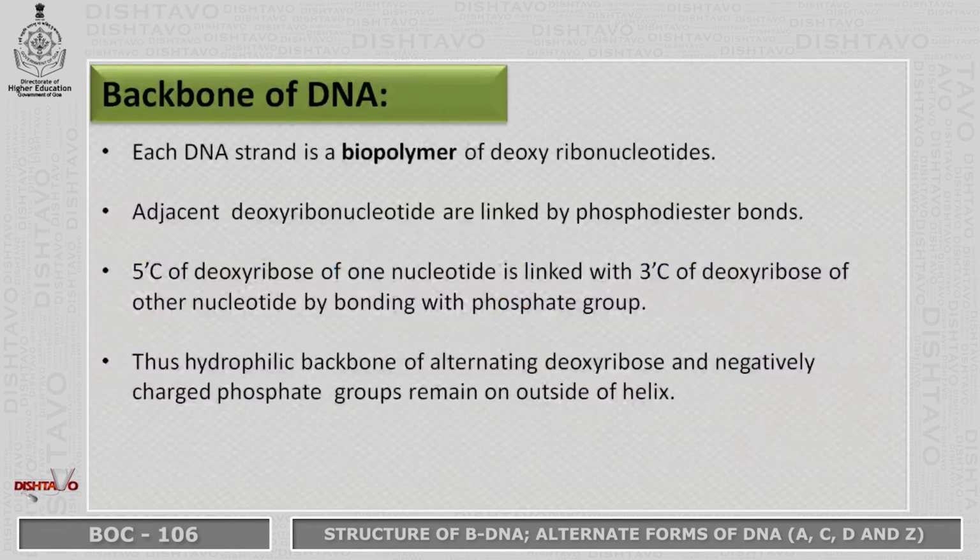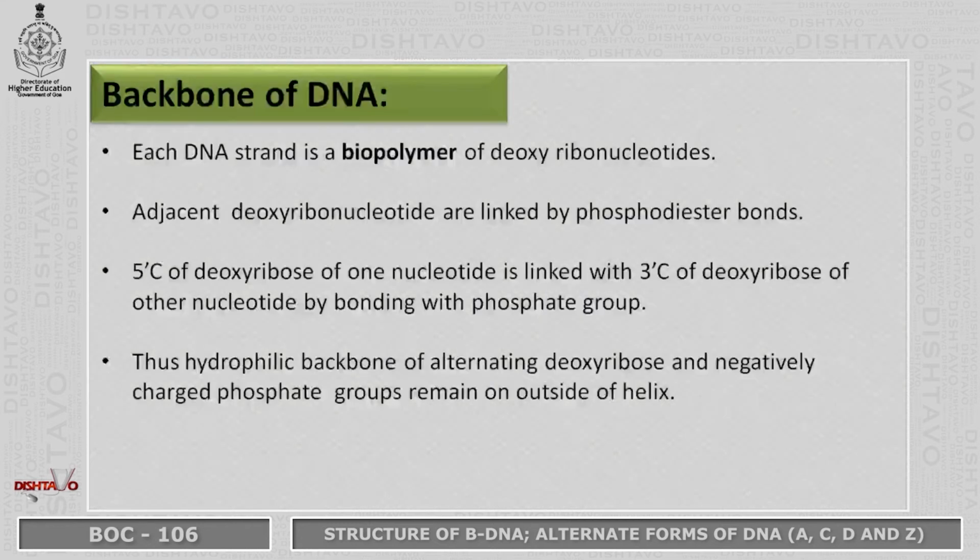Backbone of DNA. Each DNA strand is a biopolymer of deoxyribonucleotides. Adjacent deoxyribonucleotides are linked by phosphodiester bonds. 5' carbon of deoxyribose of one nucleotide is linked with 3' carbon of deoxyribose of the other nucleotide by bonding with a phosphate group.